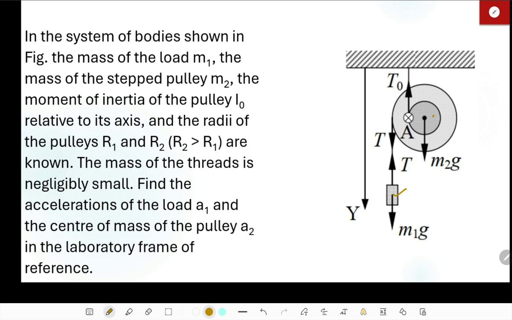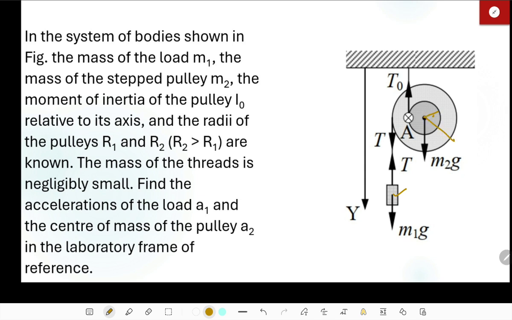stepped pulley M2. The moment of inertia of the pulley I naught relative to its axis, this one, and the radii of the pulleys R1 and R2 — the radius of this pulley will be R1 and this one R2 — are known.